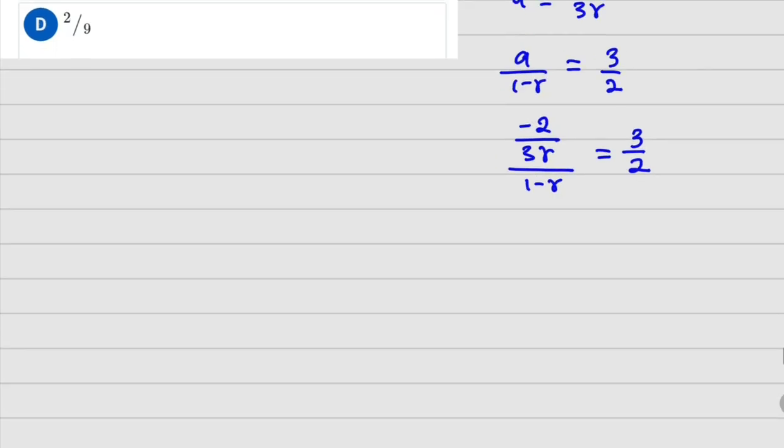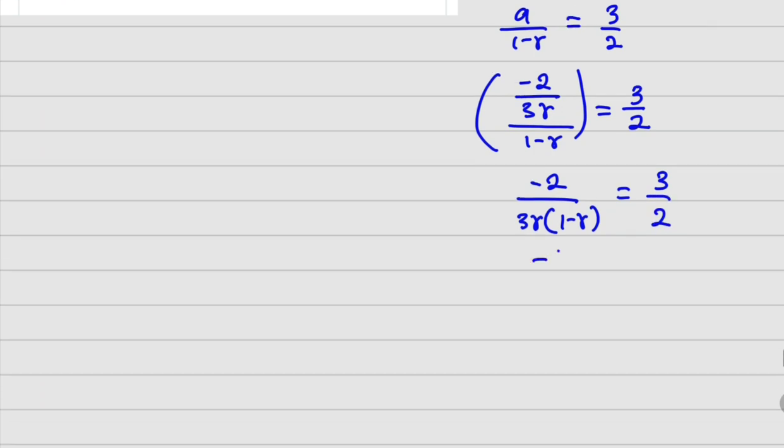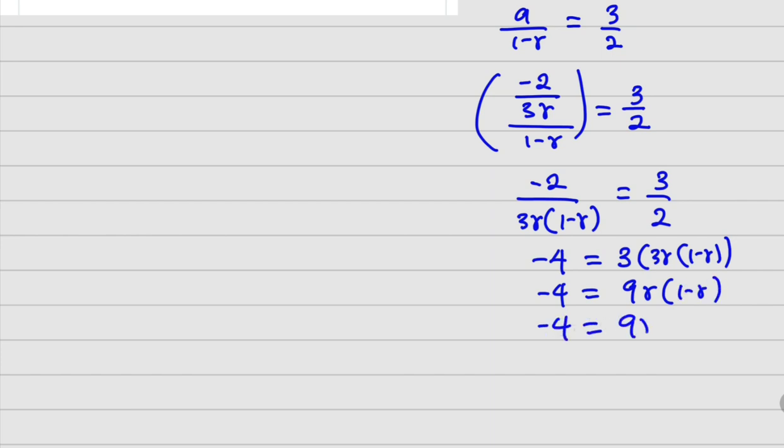Now for sharp mathematics students, you agree with me that this particular expression can be written as minus 2 all over 3R into 1 minus R. Now it's equal to 3 over 2. When you cross multiply, you're going to have minus 4 is equal to 3 into 3R, then 1 minus R. This is minus 4 is equal to 9R into 1 minus R, which is minus 4 is equal to 9R minus 9R squared.